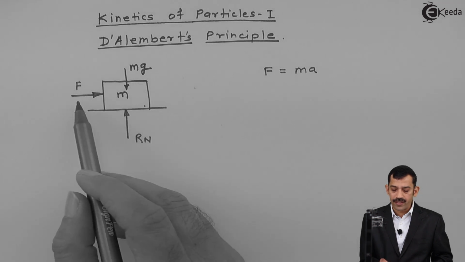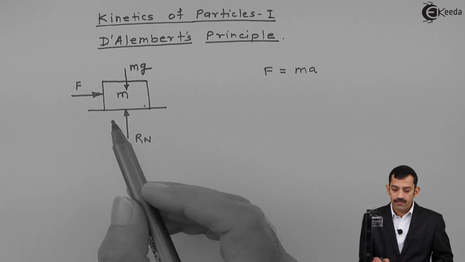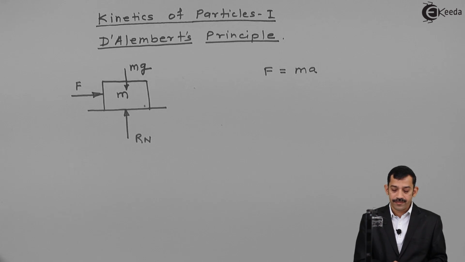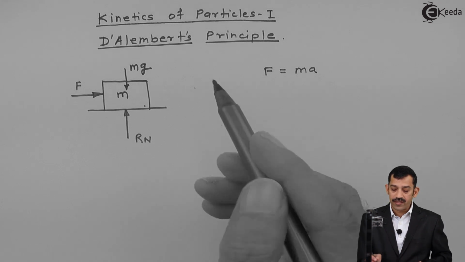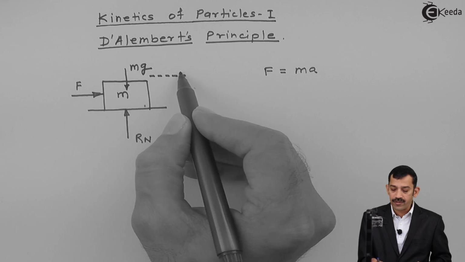The assumption is smooth contact surfaces. Therefore F represents the resultant force acting in the horizontal direction. The mass of the block is m kg. That means this block accelerates with this acceleration a in the direction of the resultant force.